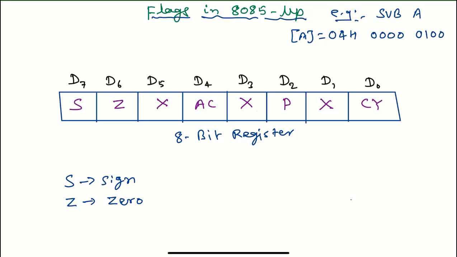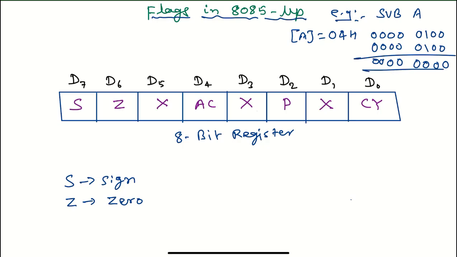Now we need to subtract the content of the accumulator from itself, which means subtracting this 04 from itself. If we subtract this, the result will be 0.